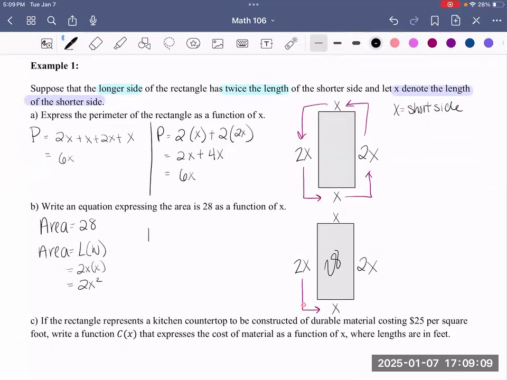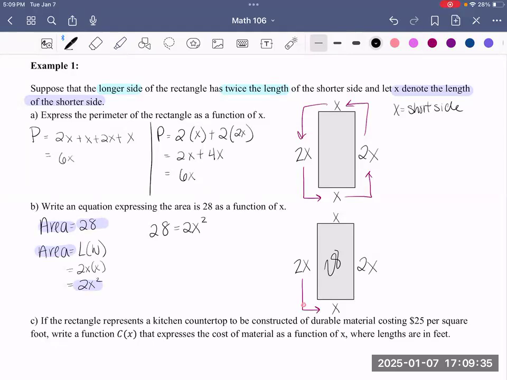And since the area is 28, that just means 28 is equal to 2x squared. So we're writing the area as a function of x.